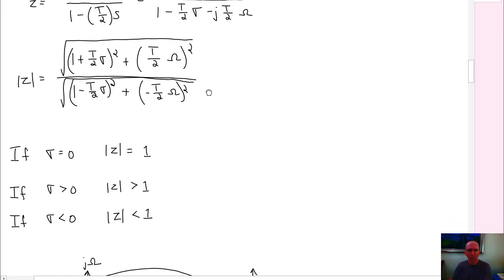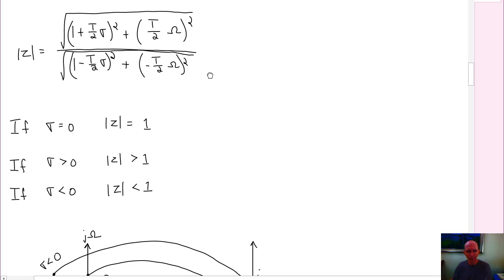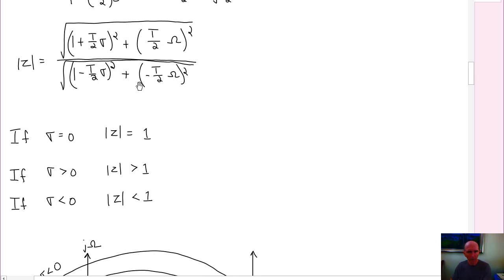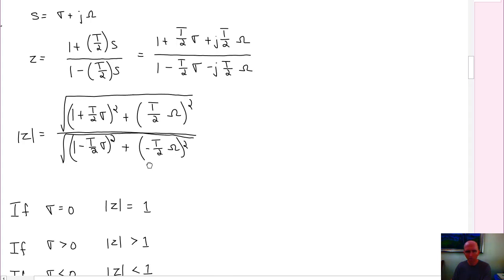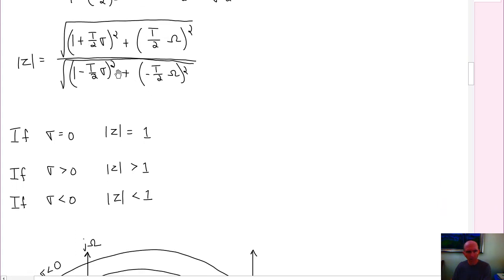And we notice some things immediately. Once we look at this, we say, okay, what happens if sigma is equal to 0? In other words, what happens when the real part of s is equal to 0? Now, looking at this equation, if sigma is equal to 0, this would be 0. This and this are the same because they're squared, and so the negative goes away.